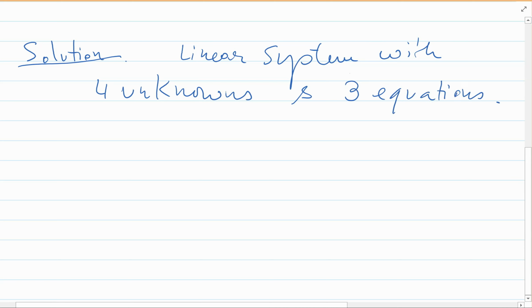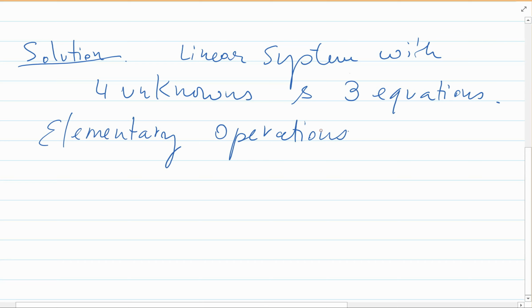Okay, so let us use the elementary operations on the augmented matrix. So we are going to use the augmented matrix.